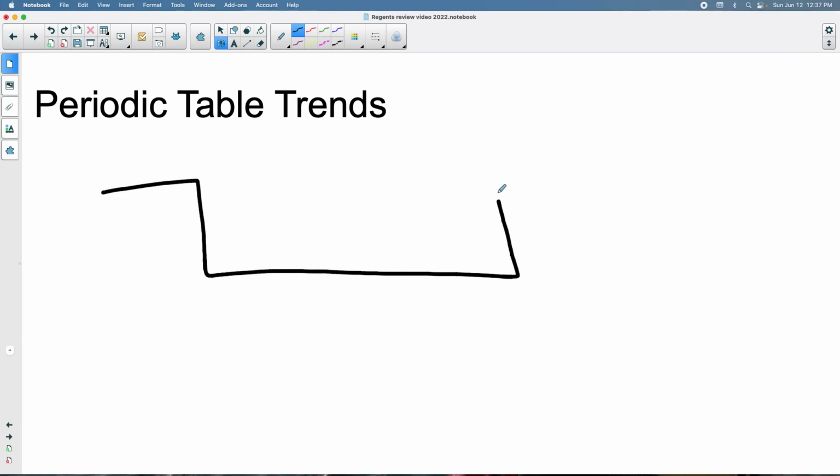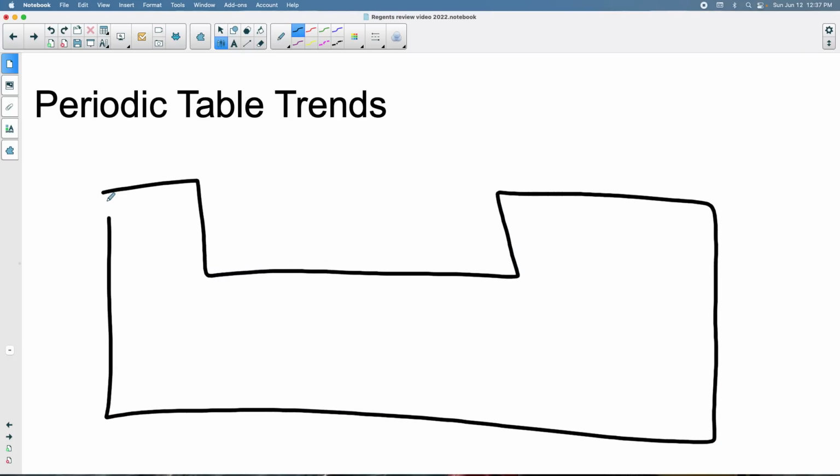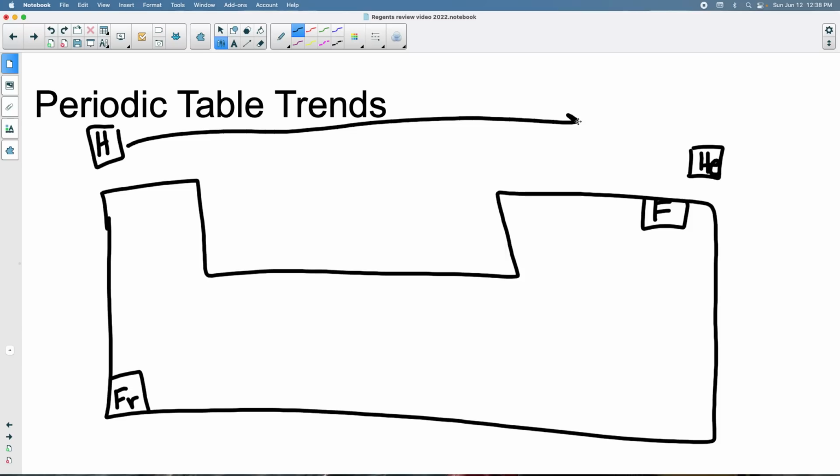Periodic table trends. Remember, we have our friends francium and fluorine, and hydrogen and helium. Remember that hydrogen is a nonmetal. It's just up there because it has one valence electron.